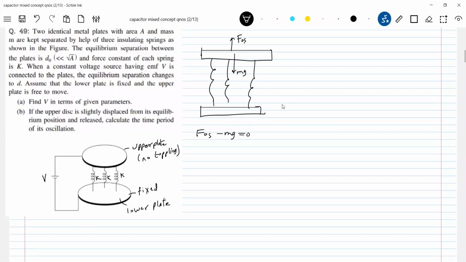Now read the question. He has given that the equilibrium separation between the plates is D naught and the force constant of each spring is K. Then when a constant voltage source having EMF E is connected to the plates, the equilibrium separation changes to D. What is the state of the springs? They are compressed.